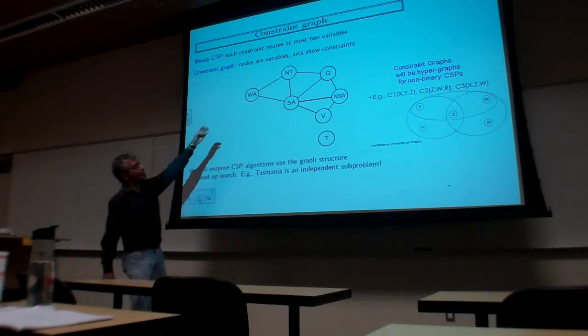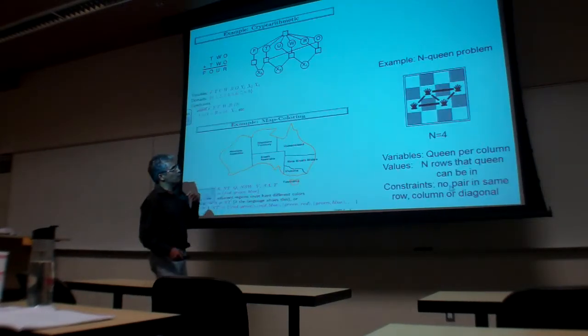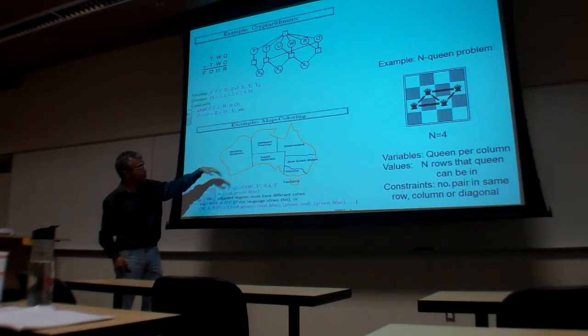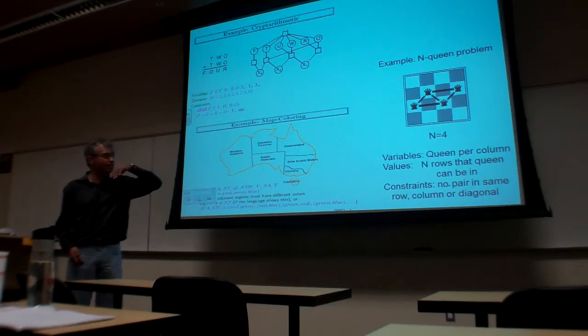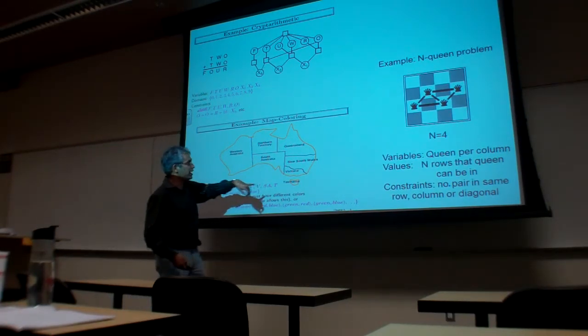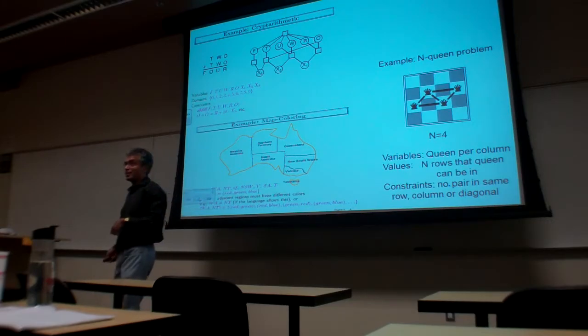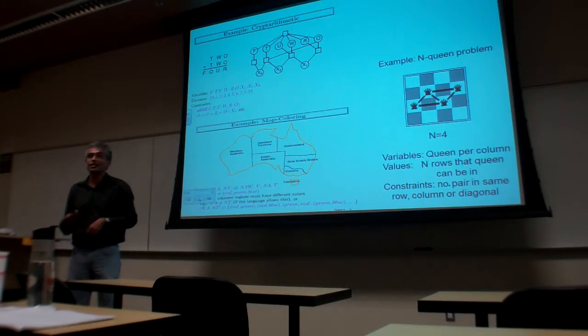Okay, so as I said, there is this notion of a constraint graph. So for this particular problem, coloring the territories of Australia. Now notice that there is a territory of Australia which is Tasmania, where the Tasmanian devil exists, but that is far away from the mainland.